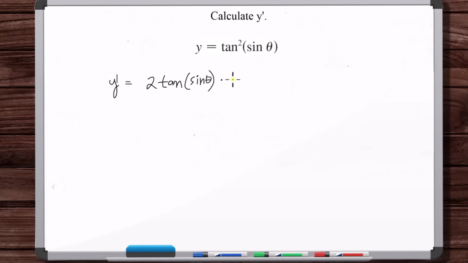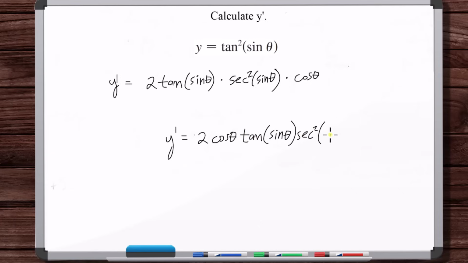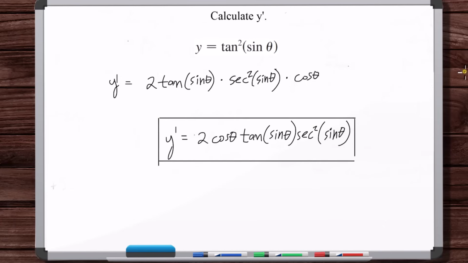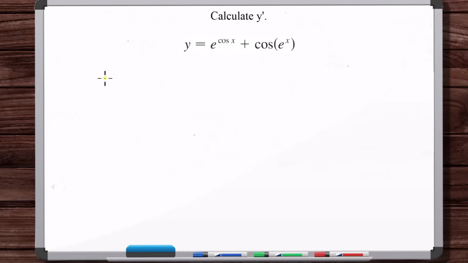What is the derivative of the tangent of something? It's secant squared of that something times the derivative of that something. What is the derivative of sine theta? Cosine theta. So that's the derivative.